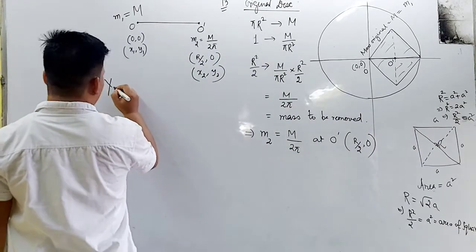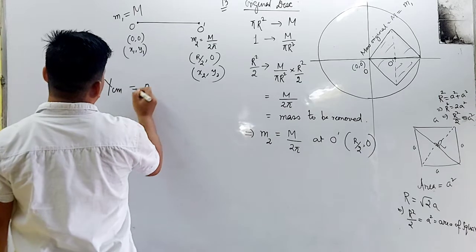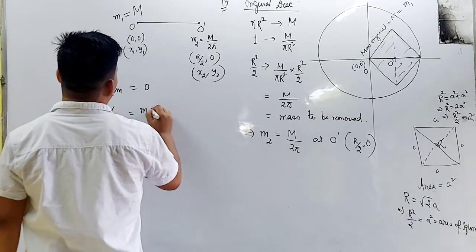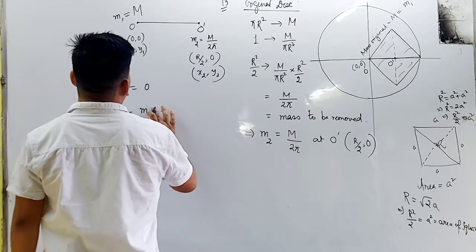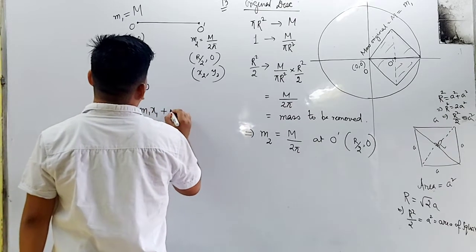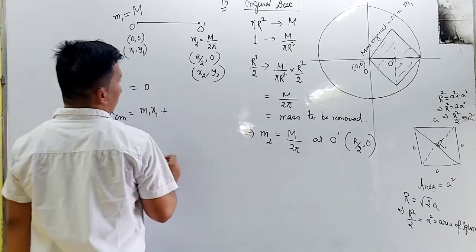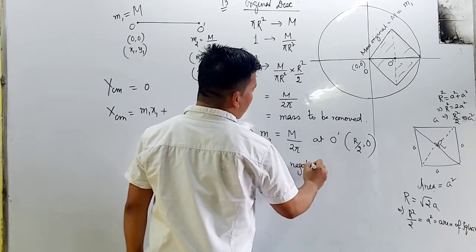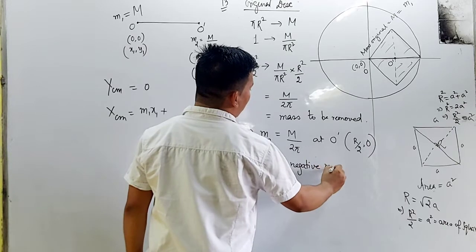YCM will be equal to 0. XCM will be equal to m1 x1 plus m2 x2, where we consider this as negative mass.